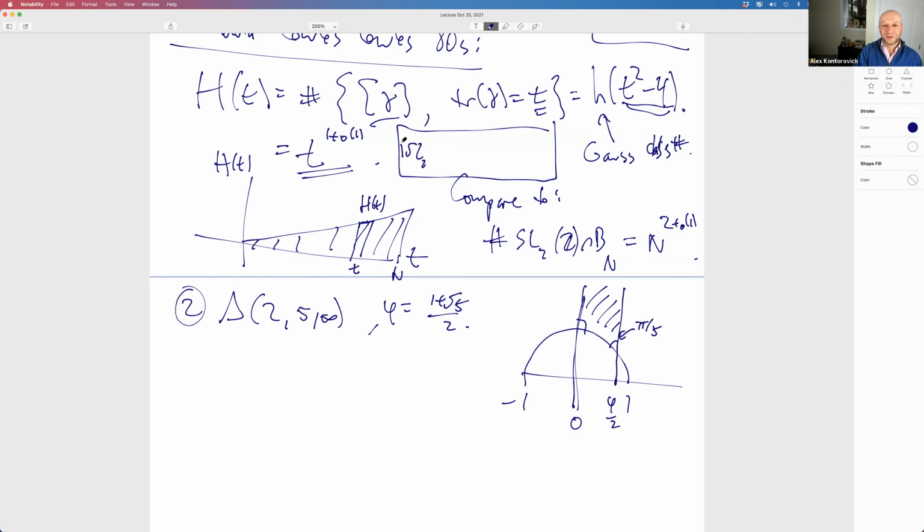SL2Z, or it's really PSL2Z, but I'll drop the P's everywhere, is generated by inversion in the unit circle and translation by 1. That's this unipotent element, translation by 1. Here we have translation by phi. So this group, or at least its orientation preserving double cover, is generated just like SL2Z by inversion in the unit circle and translation by phi.